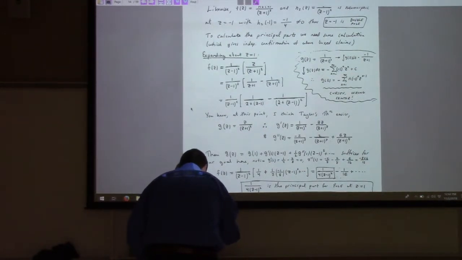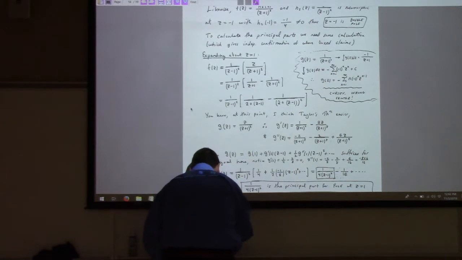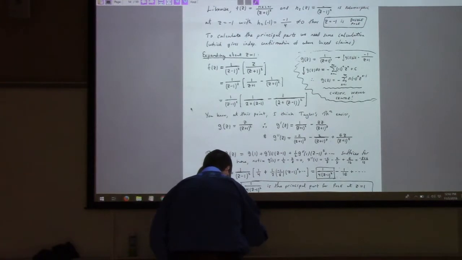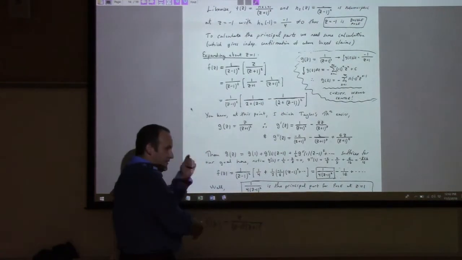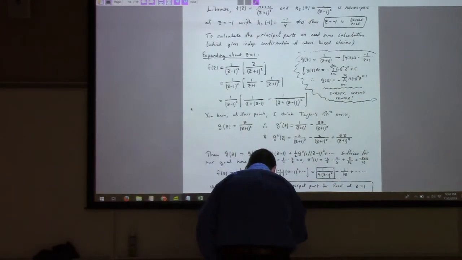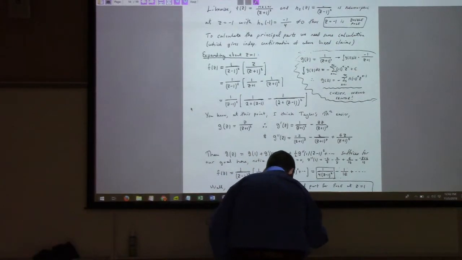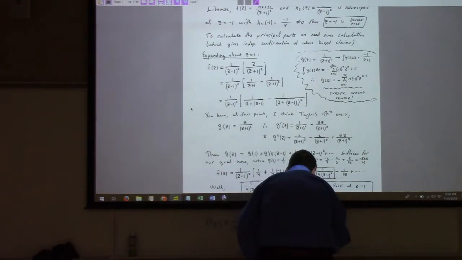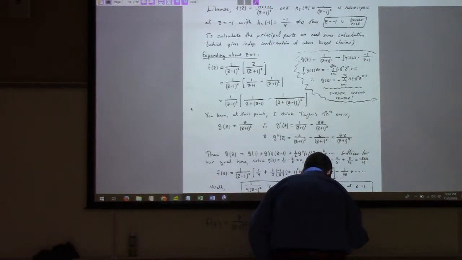I love the Laurent series result, and I love it too much sometimes. Sam is saying, instead of doing what I did, you just look at this and go, aha. This can be rewritten as a over z minus 1 plus b over z minus 1 squared plus c over z plus 1 plus d over z plus 1 squared.